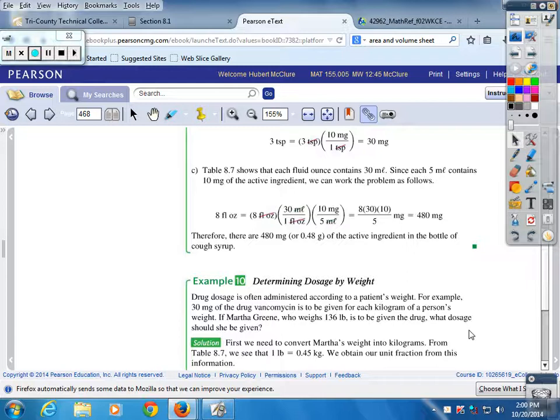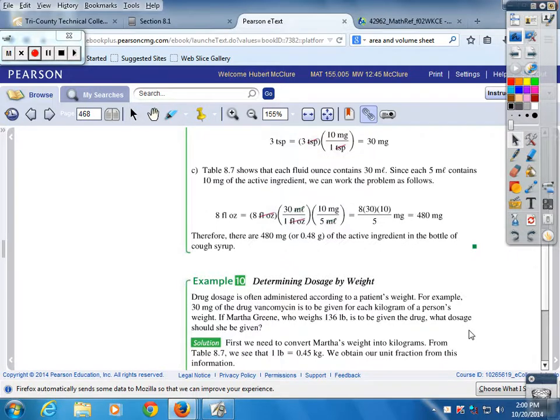Why do we have to convert anything, if you got milligrams and kilograms? What's the problem here to there? You got metric and you got what? Standard. So you got to do a unit conversion.